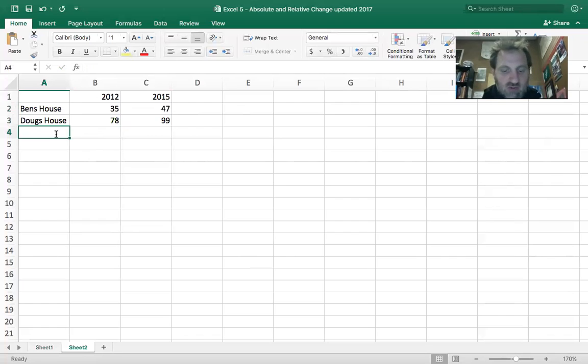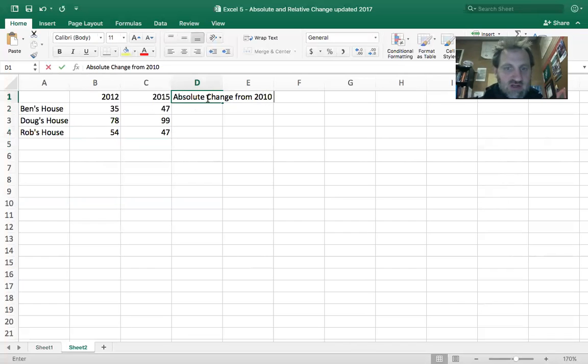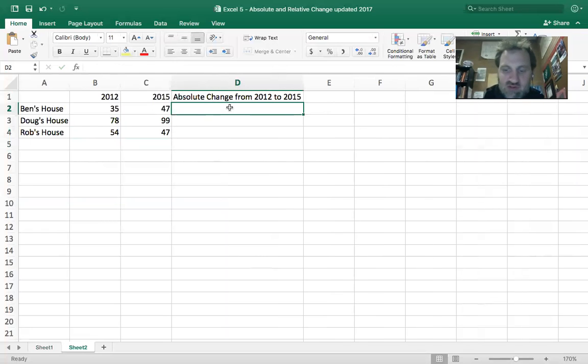Let's just add one to Rob's house. I should put in an apostrophe so I don't look like an illiterate math teacher. 54, then 47. So if I want to find the absolute change from 2012 to 2015, then what I do is just subtract, and I'm going to do new minus old.